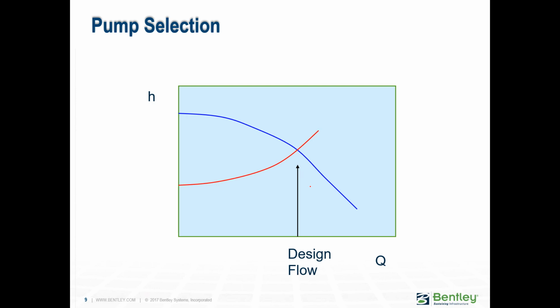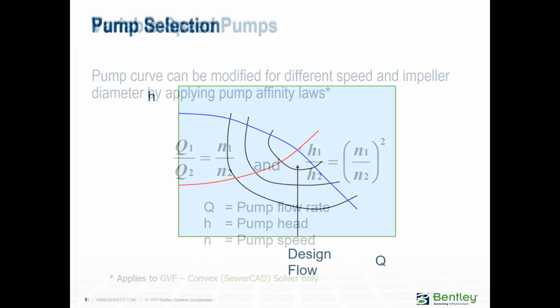So we find the pump whose operating point matches the design flow. That's kind of our first step. And then we also look at our efficiency curves, and we say, okay, this is the point where it's most efficient, and that's the pump I'm going to go with.